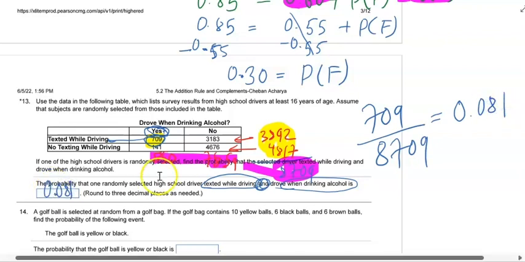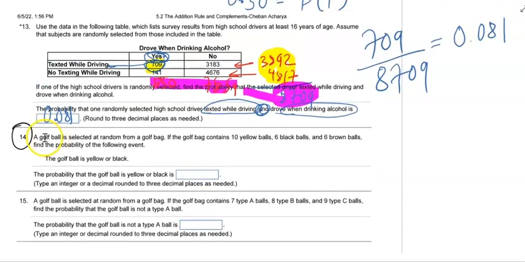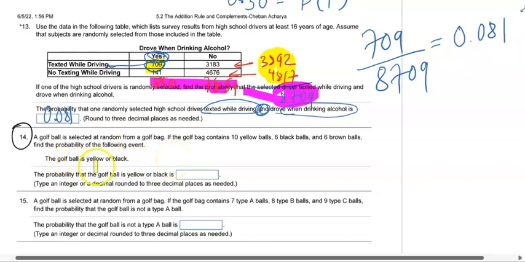Question number 14. A golf ball is selected from a golf bag. If the golf bag contains 10 yellow balls, 6 black balls and 6 brown balls, find the probability of the following event: the golf ball is yellow or black. Technically, you are looking for the probability of yellow or black.